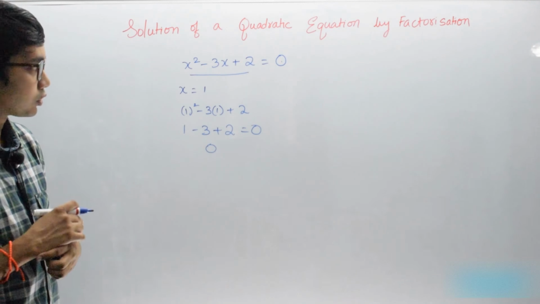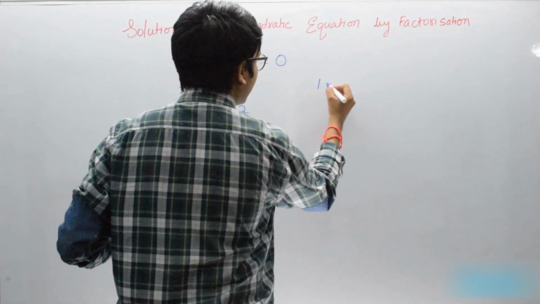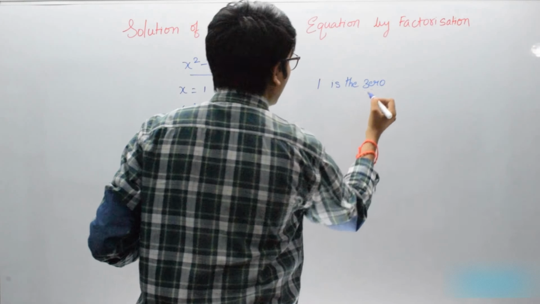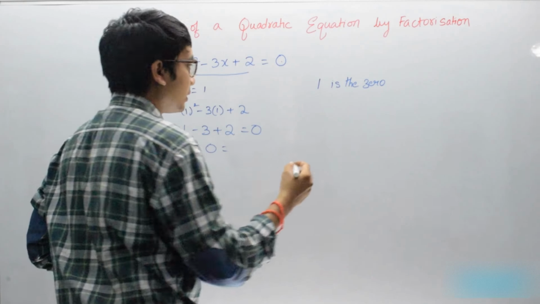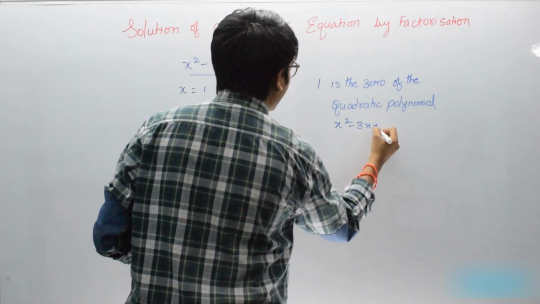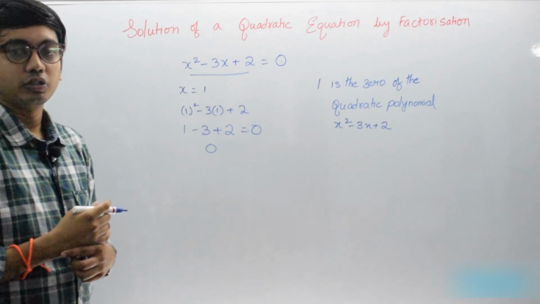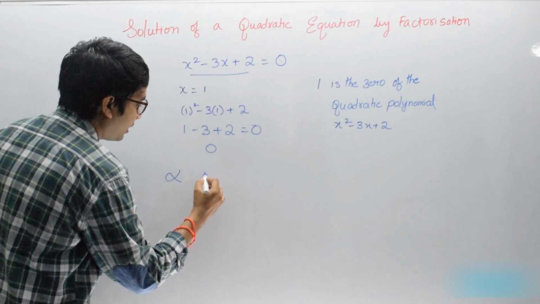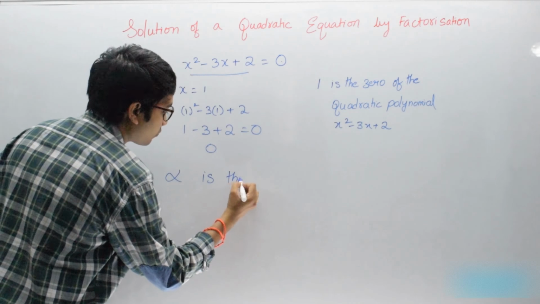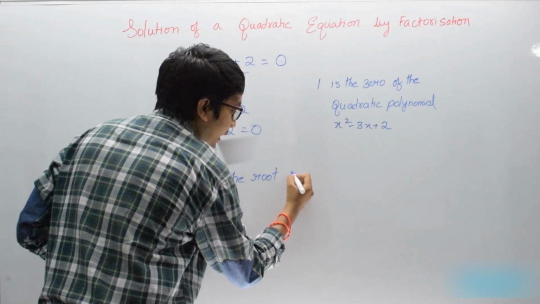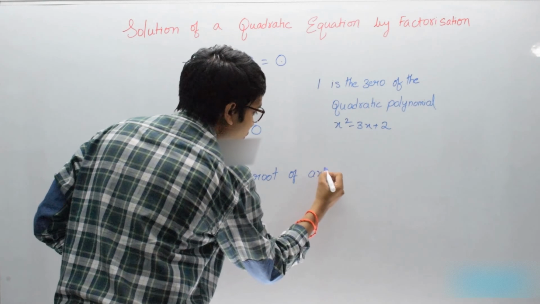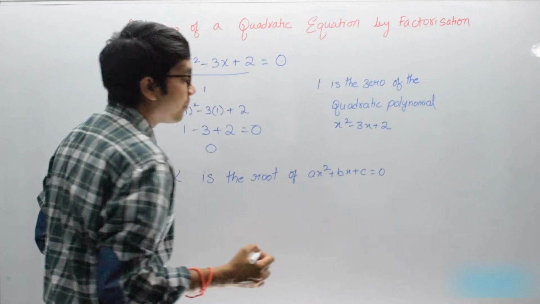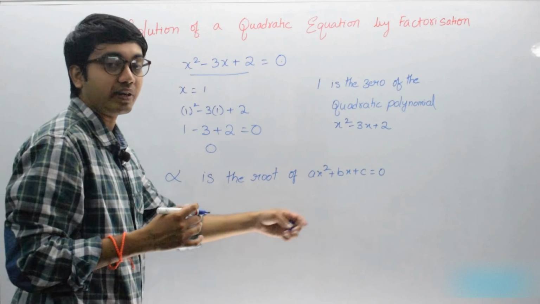Or I can also say 1 is the 0 of the quadratic polynomial x square minus 3x plus 2. So in general I can say if alpha is the root of the quadratic equation ax square plus bx plus c is equal to 0, then alpha should satisfy this equation.